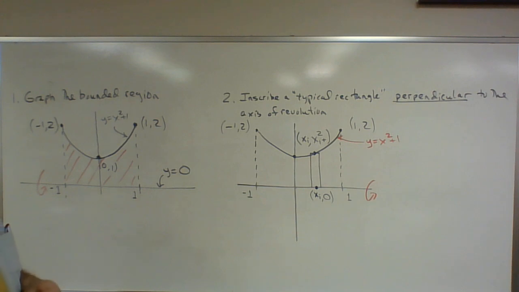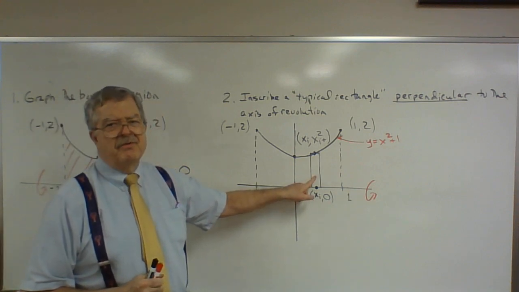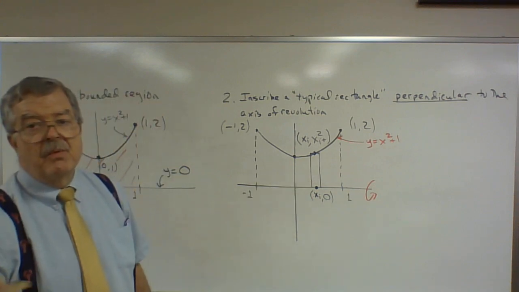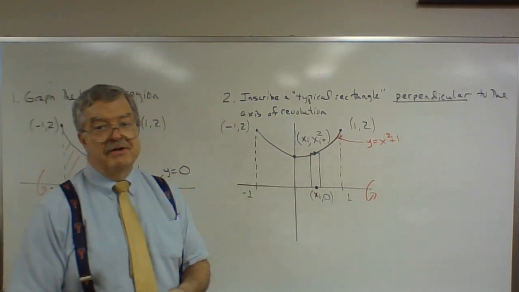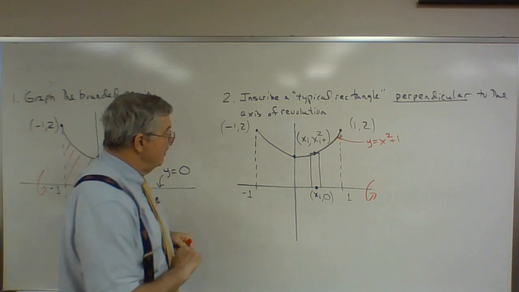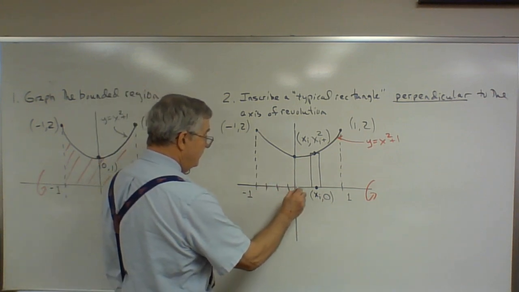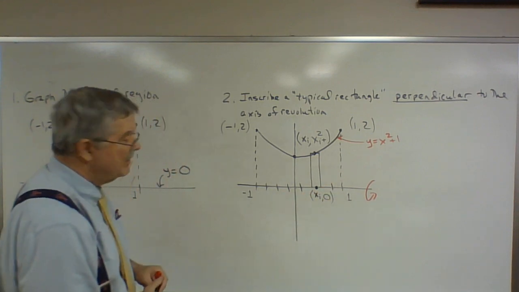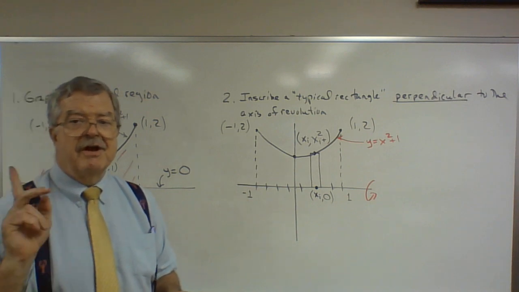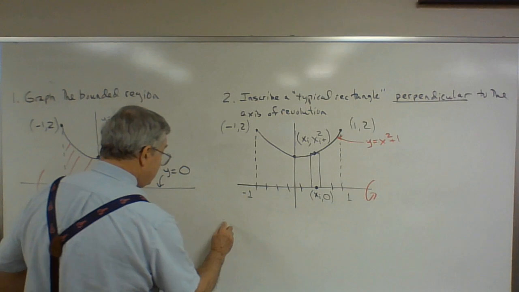Looking good. Now, we're only going to draw one rectangle, but we realize that this entire bounded region is going to be filled with rectangles. And the rectangles are going to go from negative 1 all the way to positive 1. So I think we've just done our third step, which is 3.